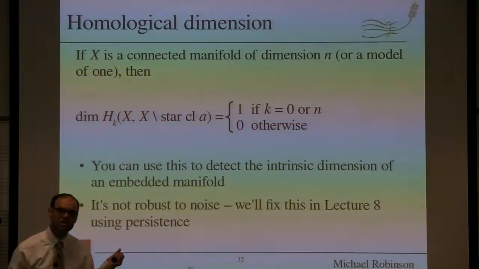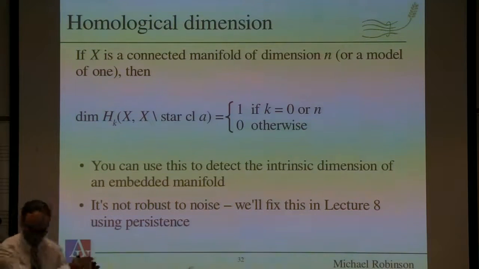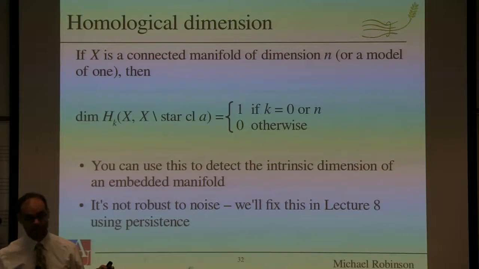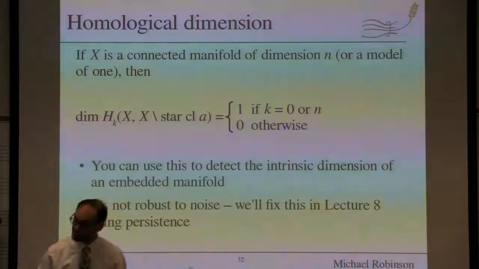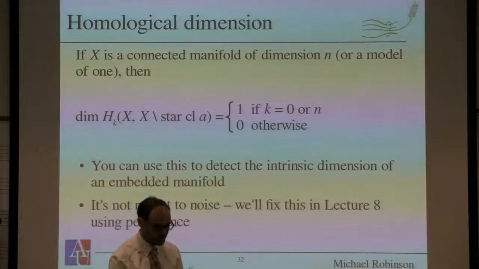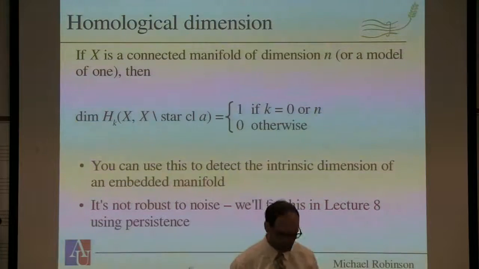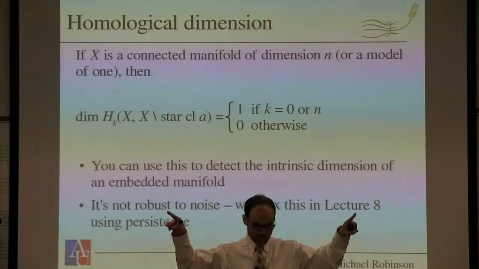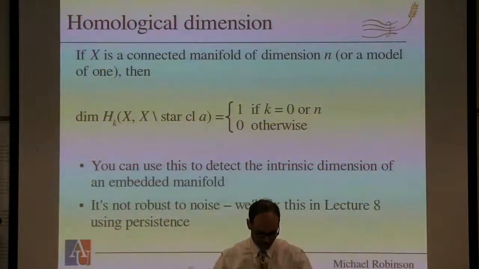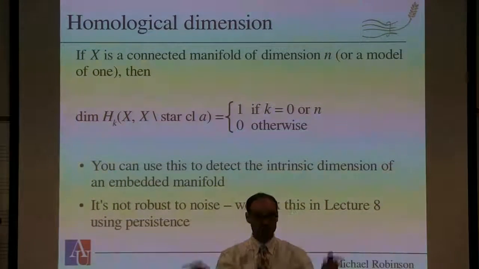If you do this computation and find something that looks like all zeros, then 1, and the rest all zeros, then you know the thing looks very much like a manifold at that particular point. If you're in the interior of an edge, you'll see this as well. Why? Because I take the edge and I collapse everything out. So I fold it together, and it looks like a single loop.